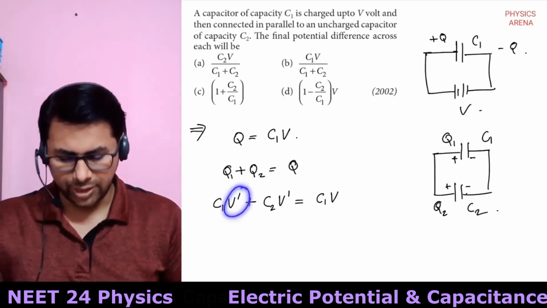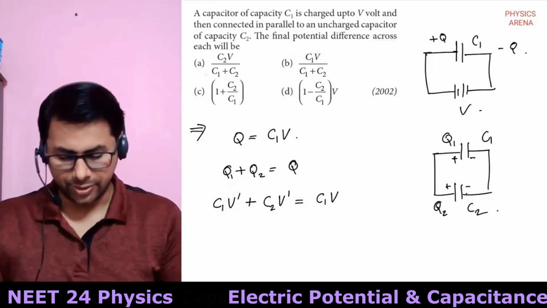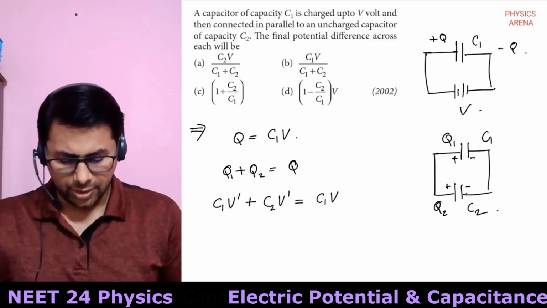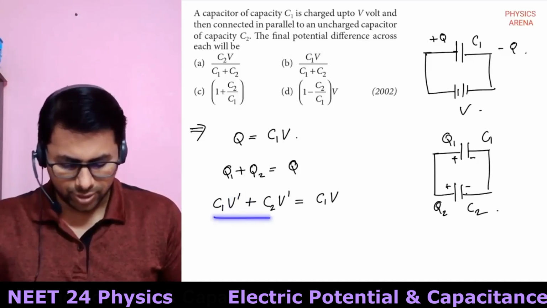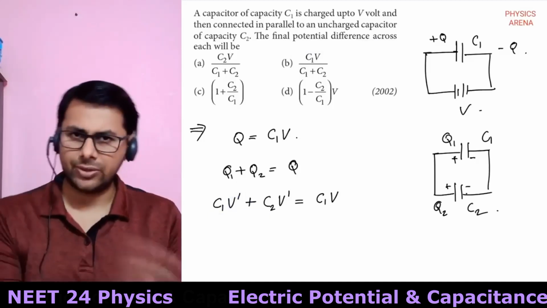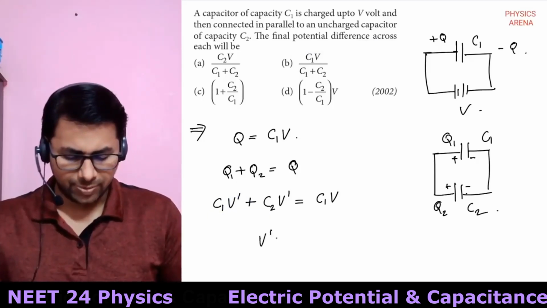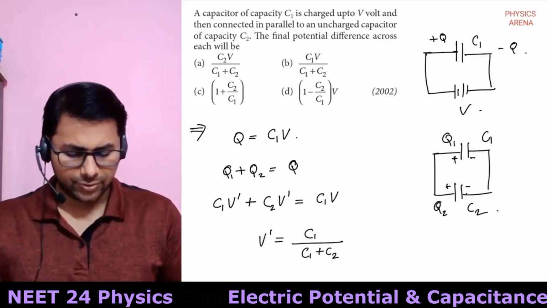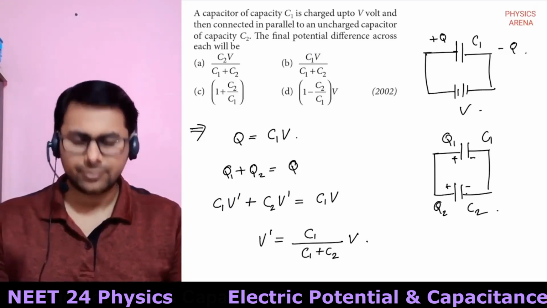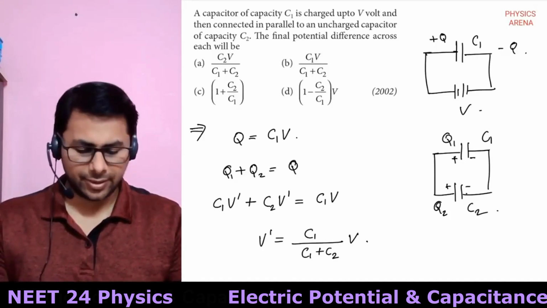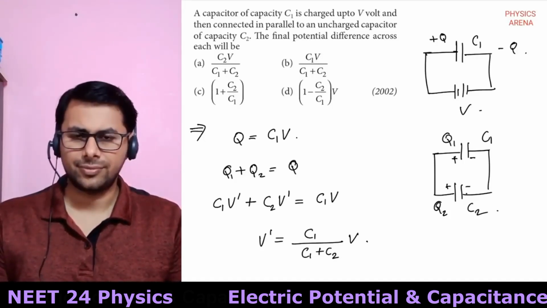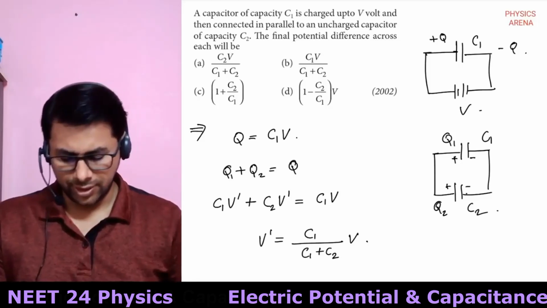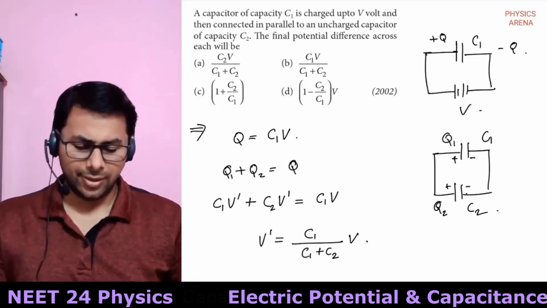And you want to find out this potential difference. So take this thing common, so you will have C1 plus C2. Move it on the other side. This potential difference will be equal to C1 divided by C1 plus C2 times V. Right? Got this? So this is also a simple question.